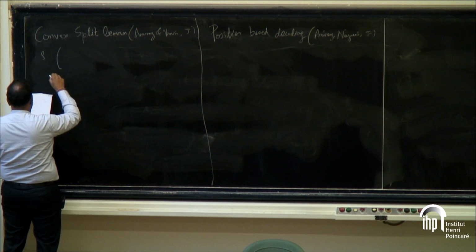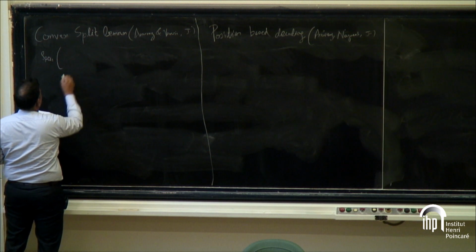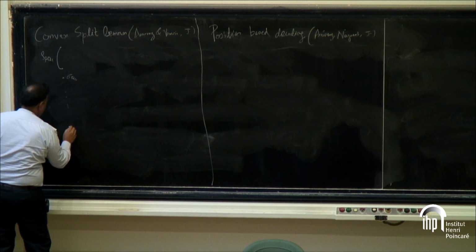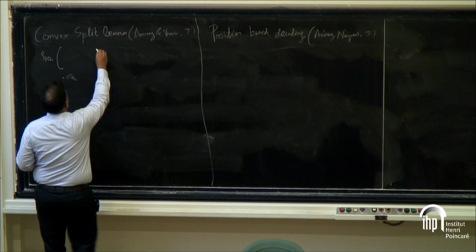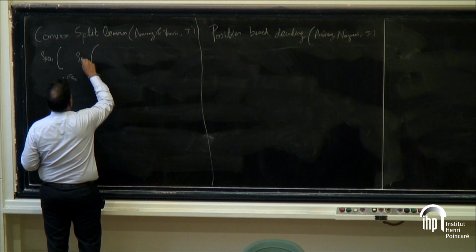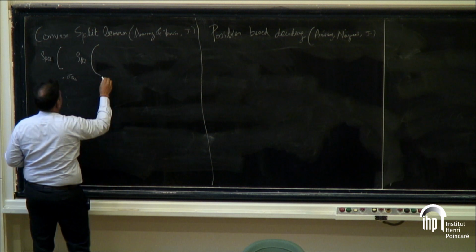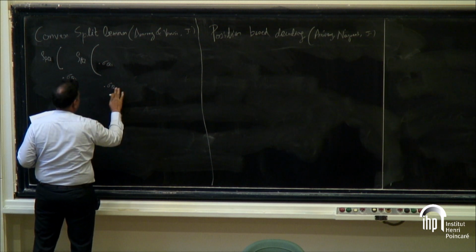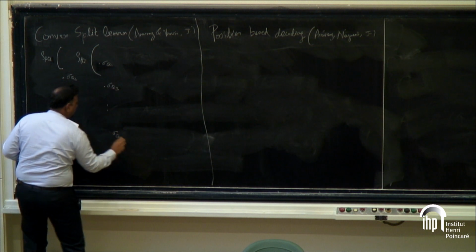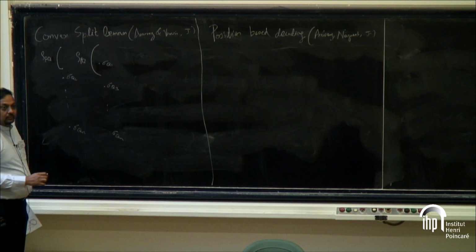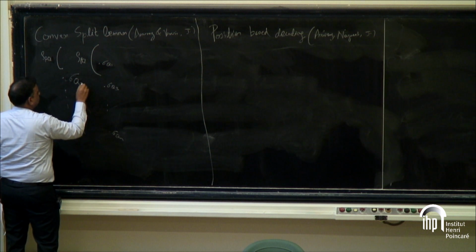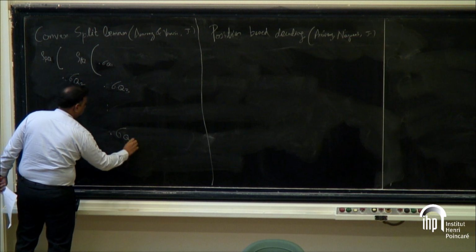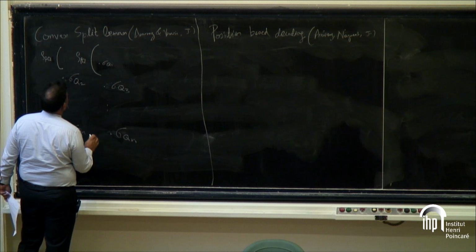What we have here is rho p q1, and we have sigma q2, sigma qn, and rho pq, and sigma q1, q3.